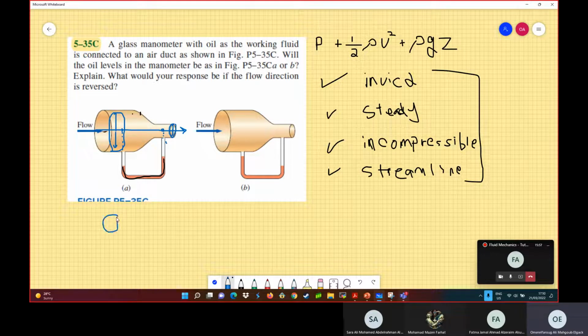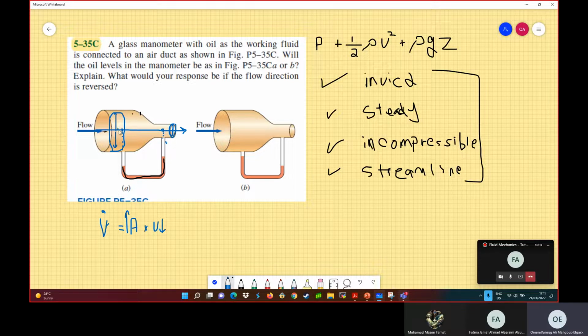Because you have the volumetric flow rate, Q, or I think you call it V dot in this course, V dot or Q, okay? V dot is equal to the cross-sectional area multiplied by the velocity. So here I have a higher area, then I have lower velocity. And if I have lower velocity here, what will happen to the pressure? I will have higher pressure here because the mechanical energy is conserved.